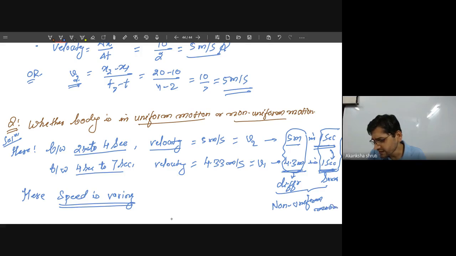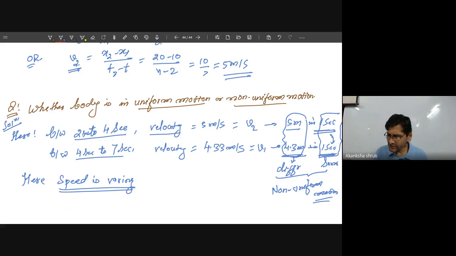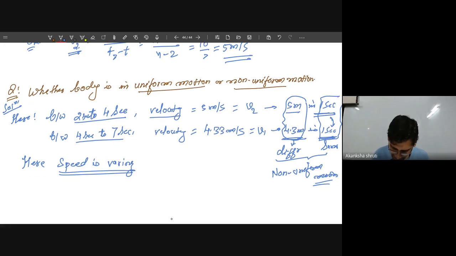So this way, we are free to apply the concept of speed, or equal distance and equal or unequal time, or equal time and equal or unequal distance. Here speed is varying, or we may write this conclusion also as unequal distance in equal interval of time.